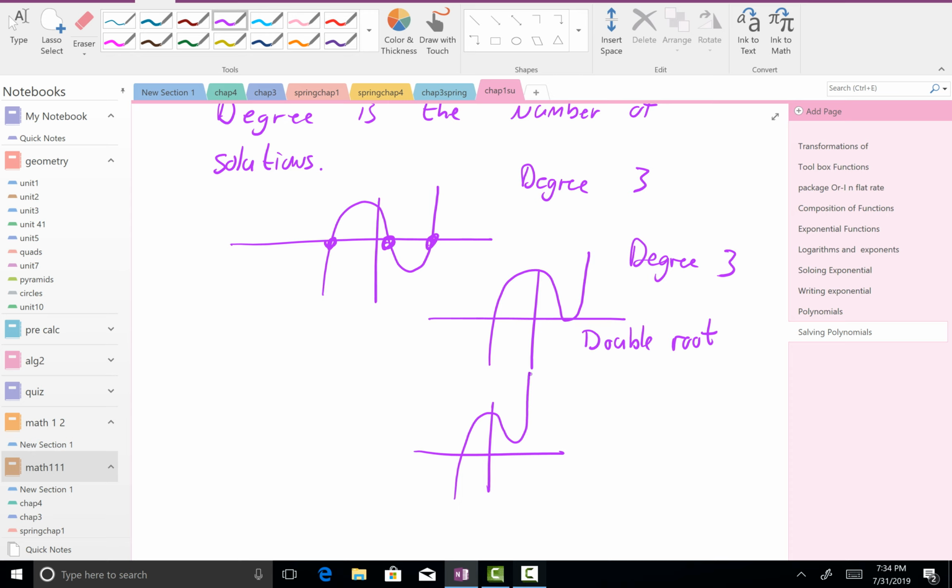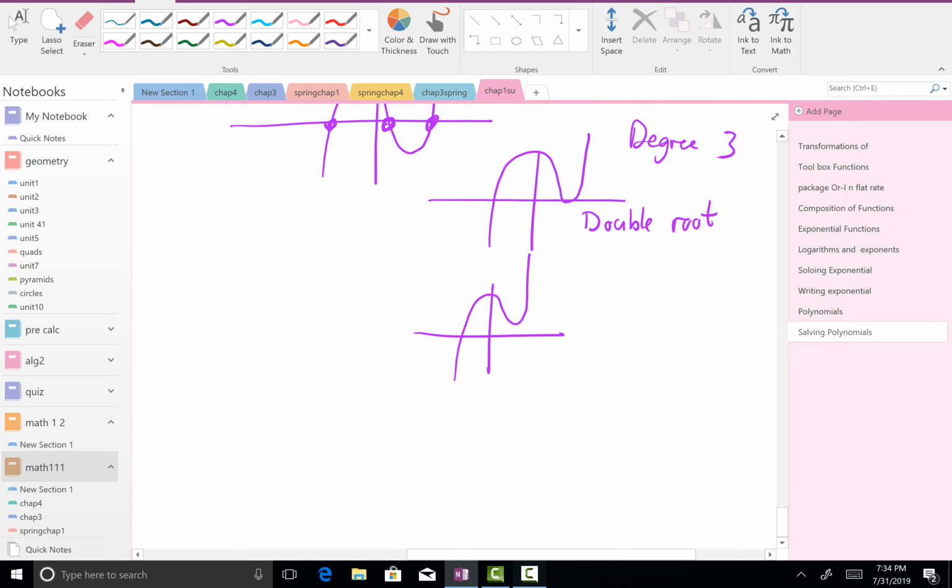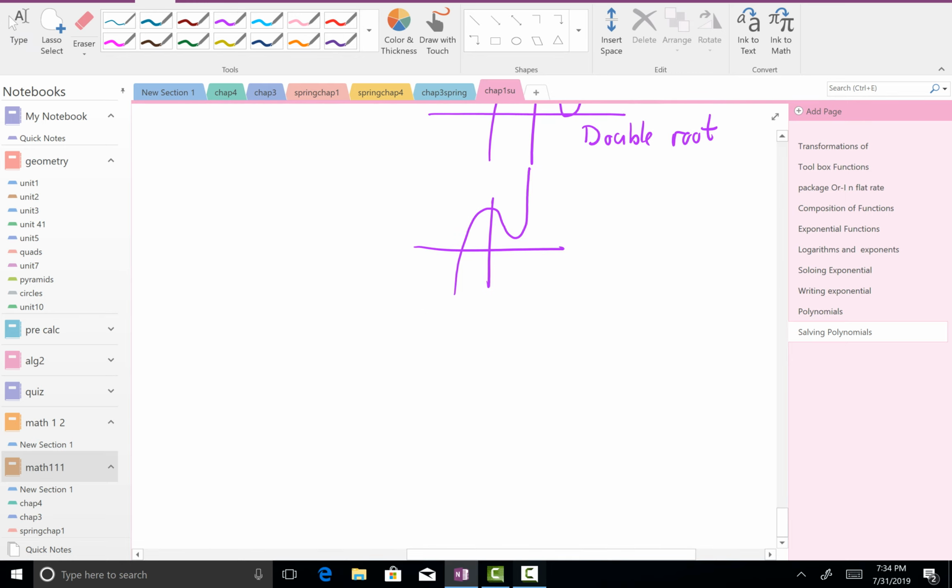So, here's how we're going to solve these. One other thing that's important with the fundamental theorem of algebra is this. If a plus bi is a solution, then automatically a minus bi is a solution, because in the quadratic formula we have plus or minus.